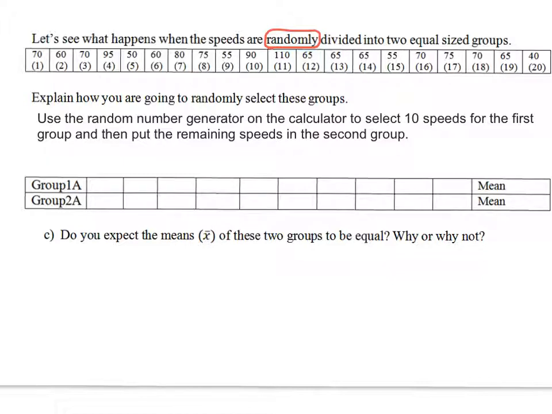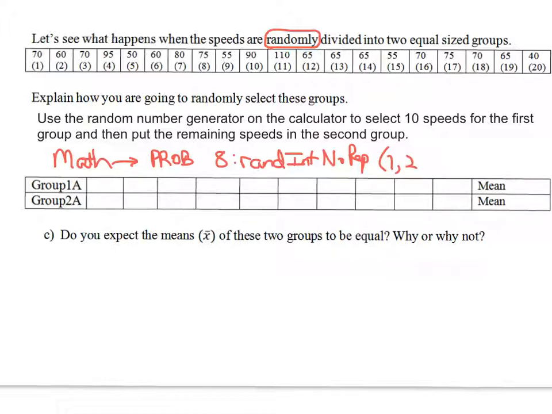So let's recall how we do this on our calculator. I'm going to hit the math key, and then I'm going to arrow over until I see probability, and I'm going to choose number 8, which is my random integer with no repeats, telling my calculator that my lower interval is 1 up to 20, and I want to pick 10 of them.